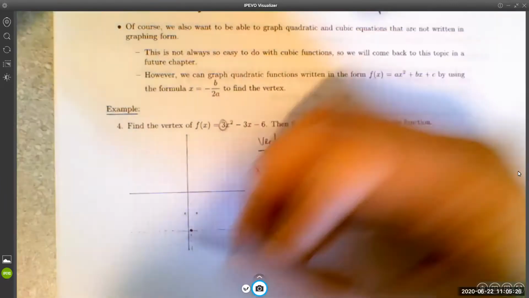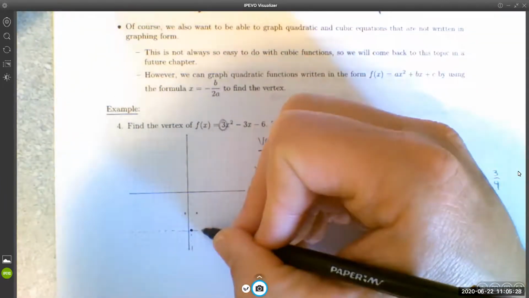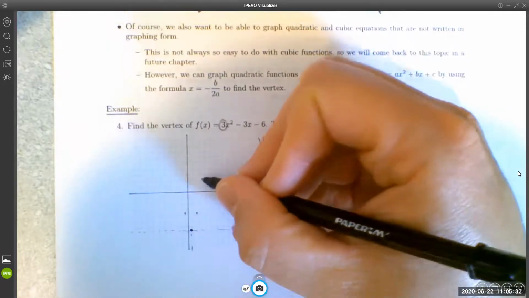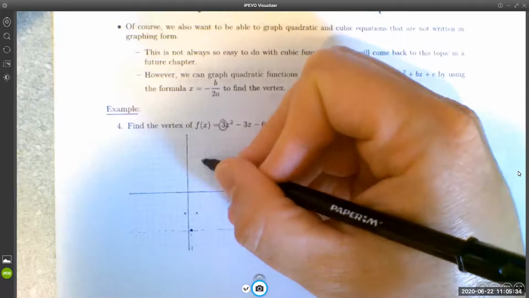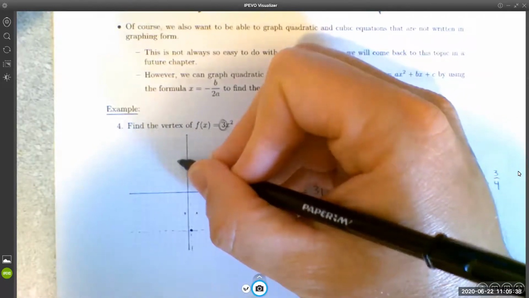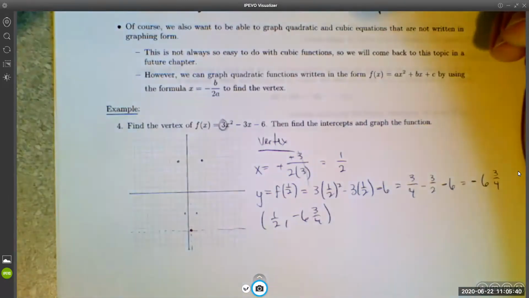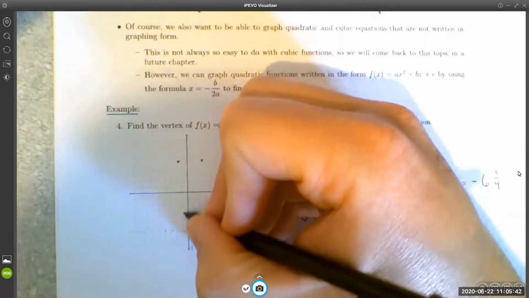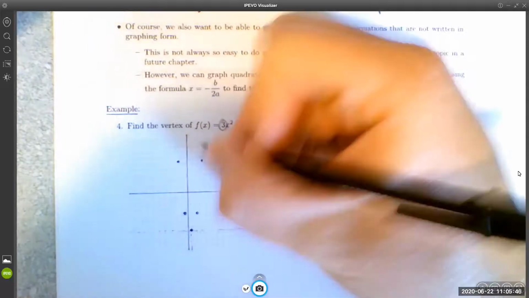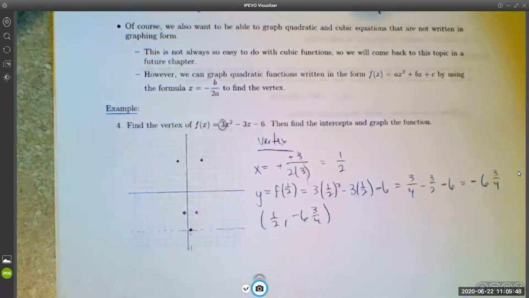And I'm going to have a mirror image on the other side as well. And that's good enough, right? So you've got your 5 points. You could connect the dots, and you've got a graph of the function.